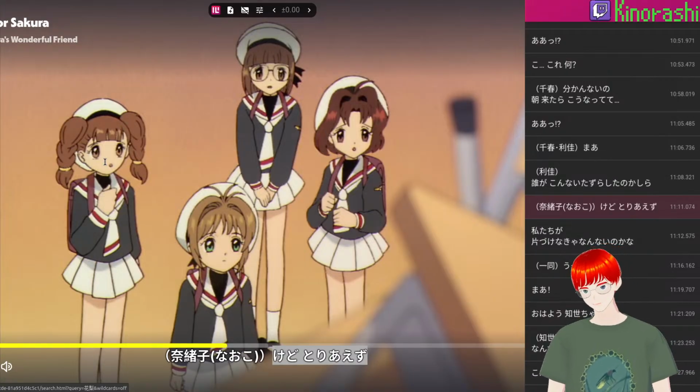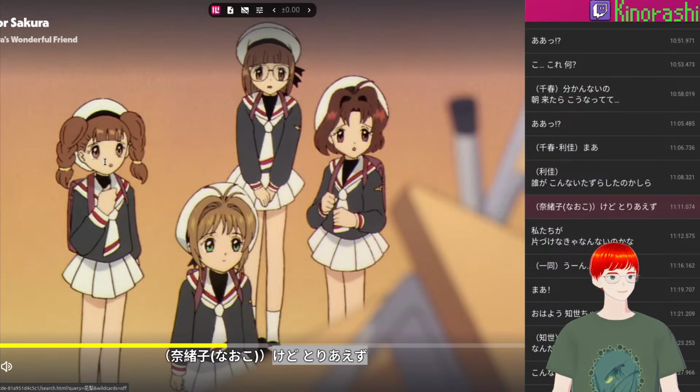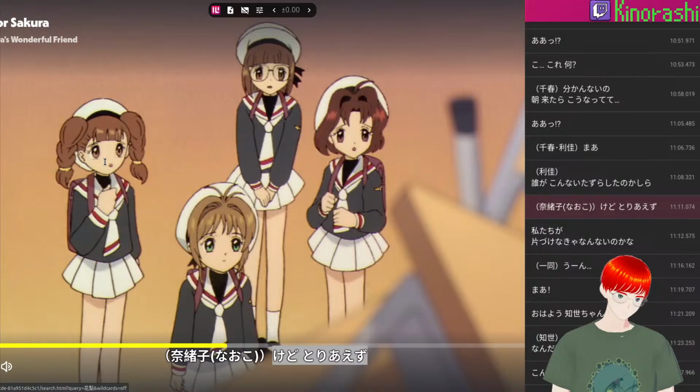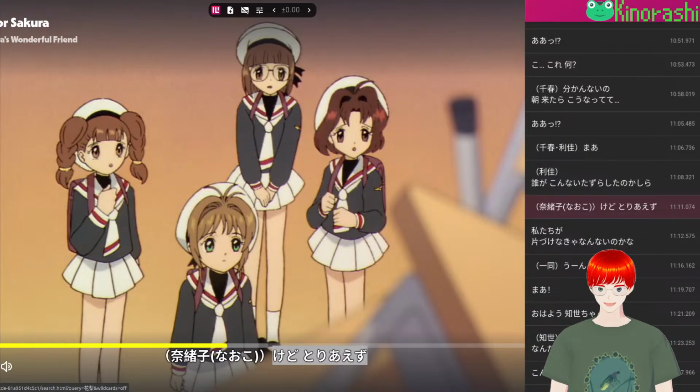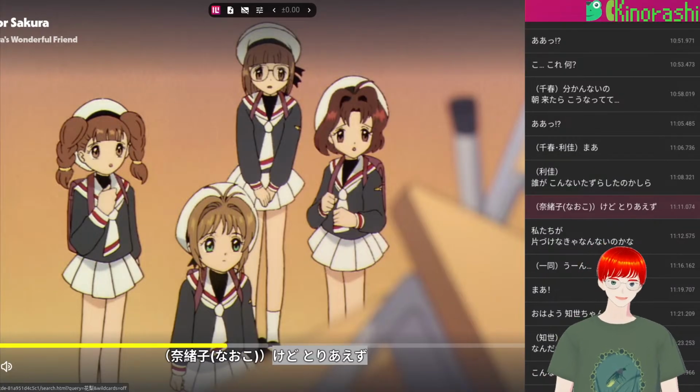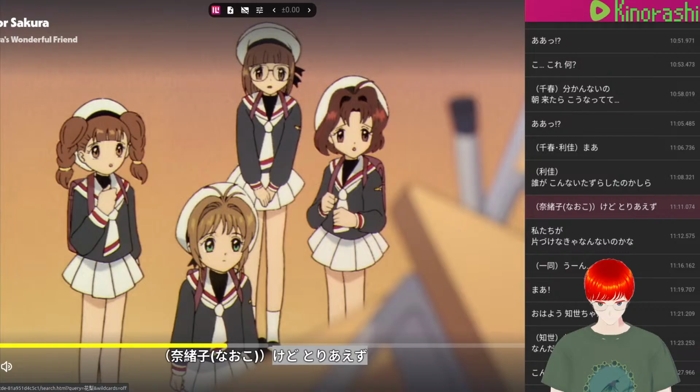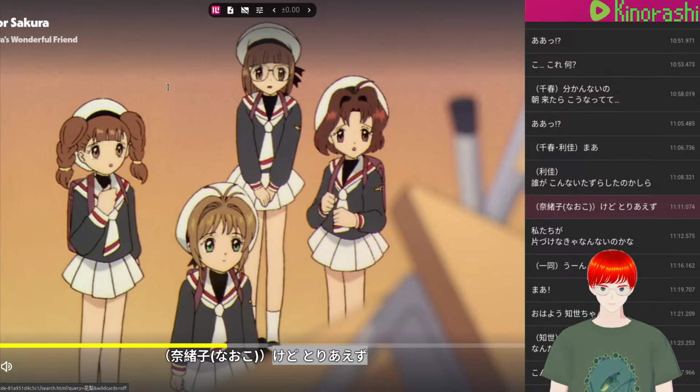Okay, it's translated as "but anyway, but for now." I know toriaezu is generally used like an adverb: first of all, at once, right away, for now. Let's see, this comes from... maybe this is the potential form.